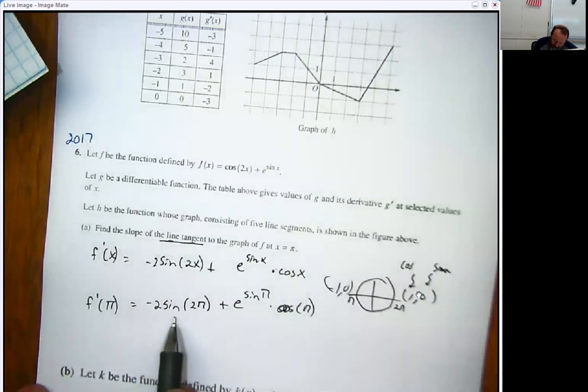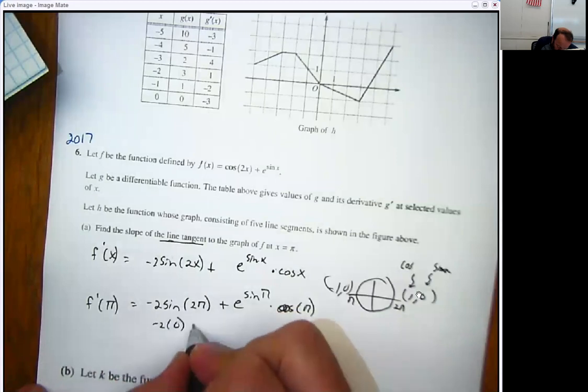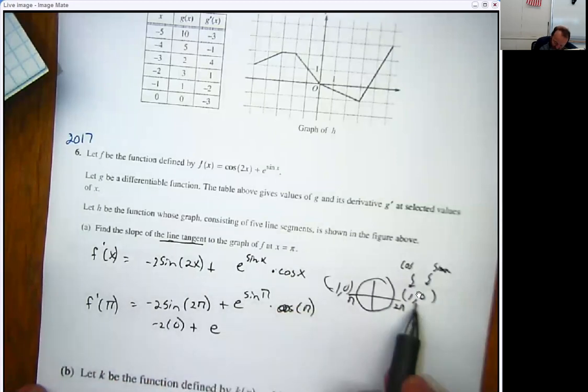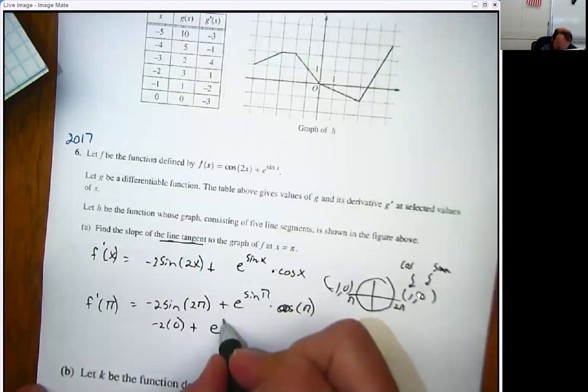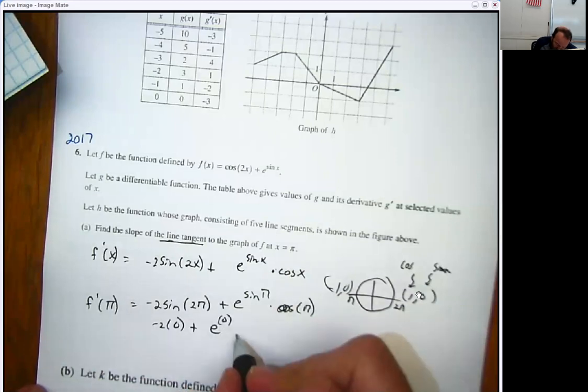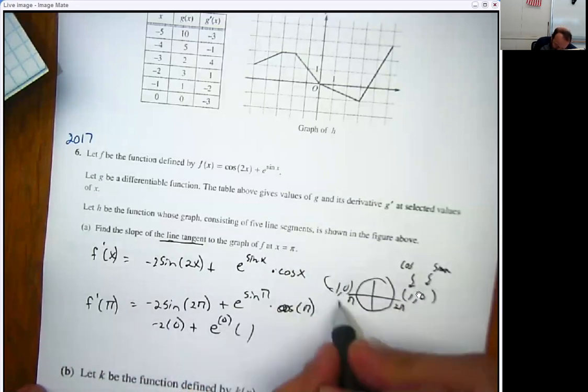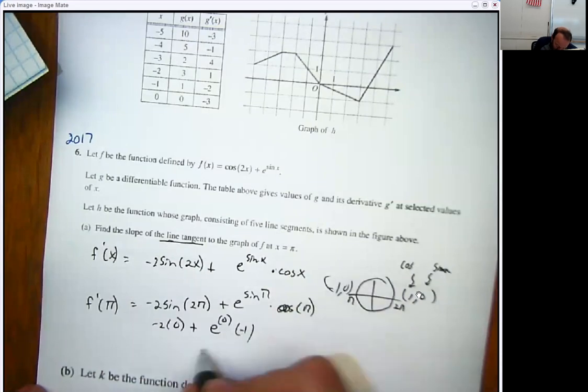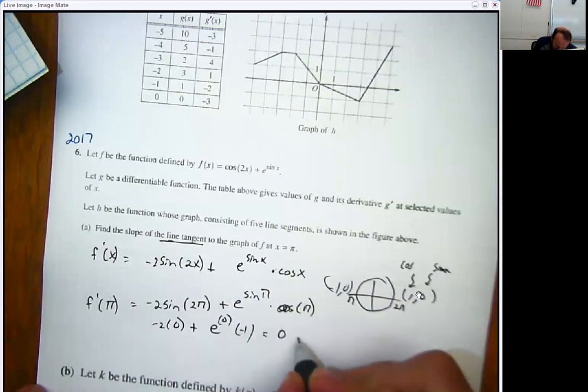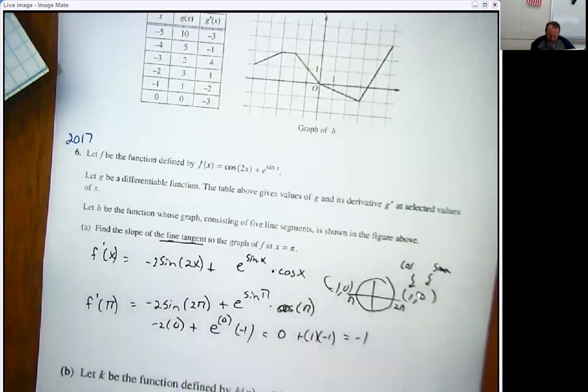So the sine of 2 pi is 0. The sine of pi again is 0. And the cosine of pi would be right here, and that would be negative 1. So we have a 0. Remember, e to the 0 is the number 1. And so that entire value appears to simply be negative 1.